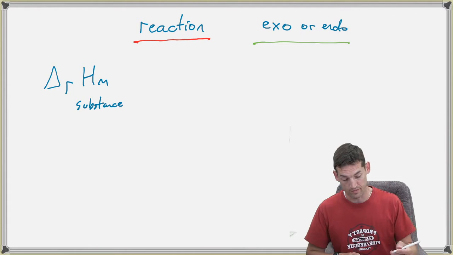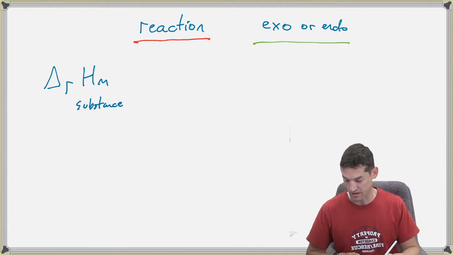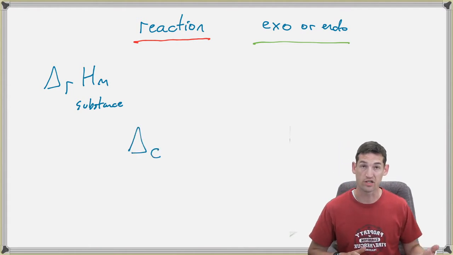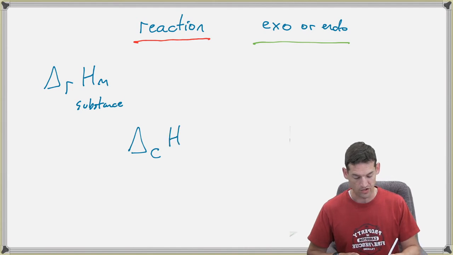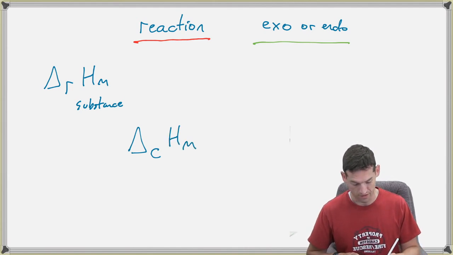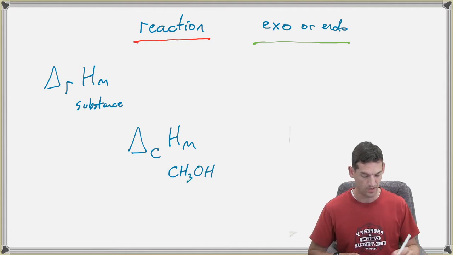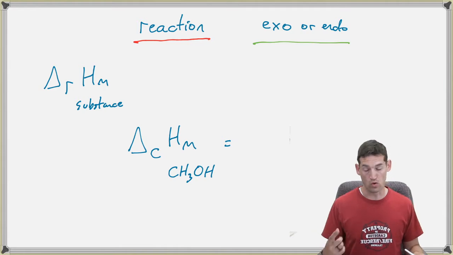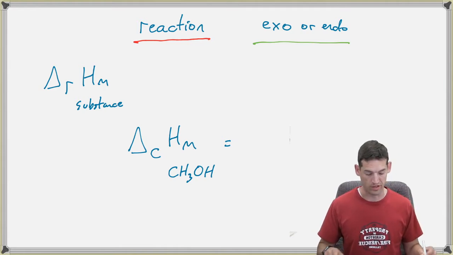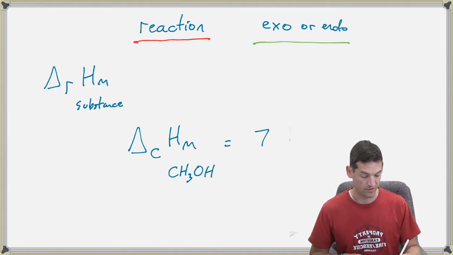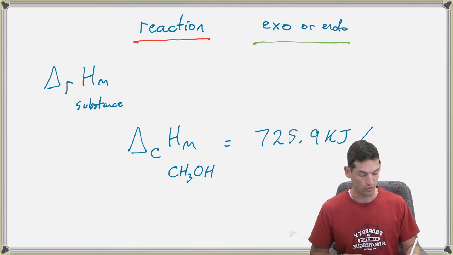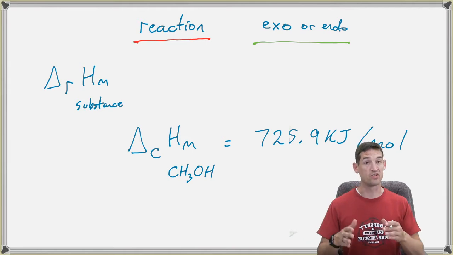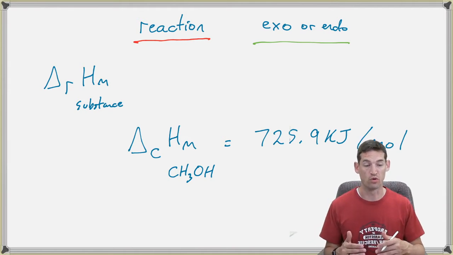So my setup here would be delta C, because it's a combustion, HM of methanol, which is CH3OH, and then that equals. And they told us here that 1 mole releases 725.9. So that's 725.9 kilojoules per mole.